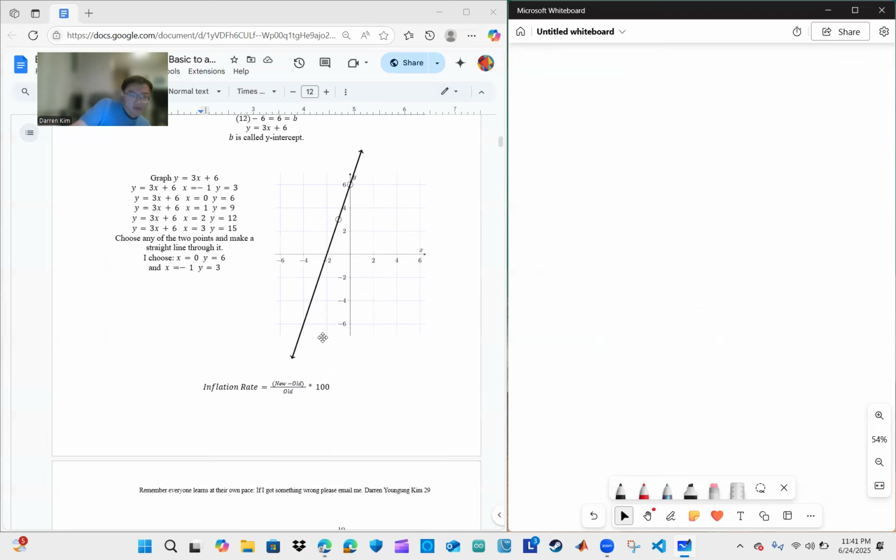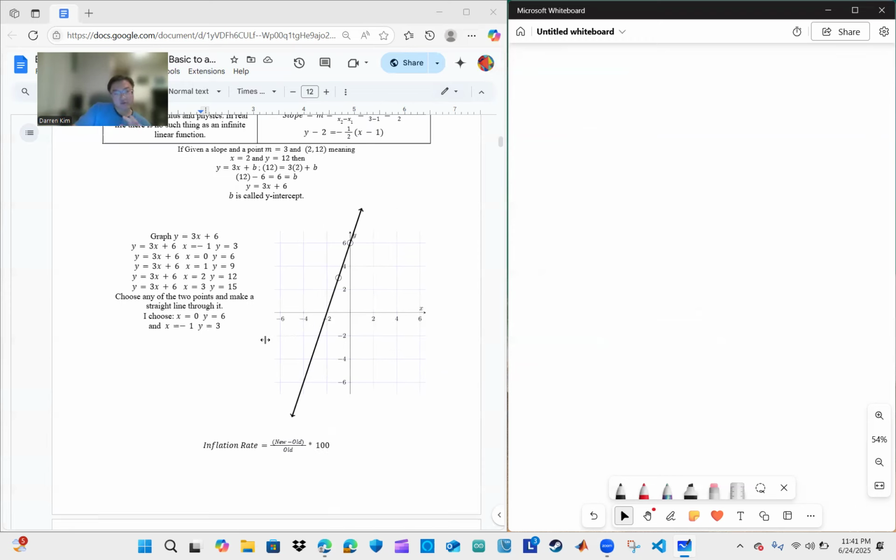Anyway, next you understand how to do this. So when you have y equals 3x plus 6, you plug in a bunch of digits, but let's just plug in x equals 0, and that gives you y equals 6. Then you do x equals negative 1, which gives you y equals 3.